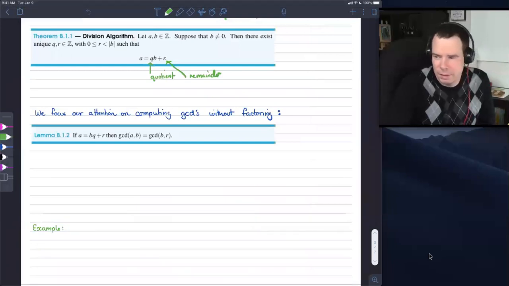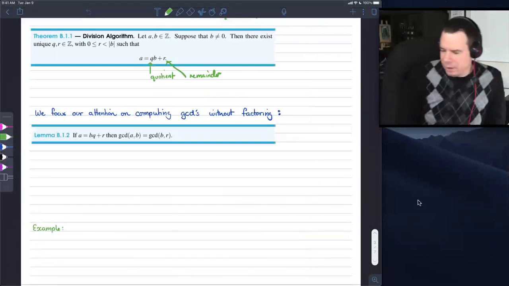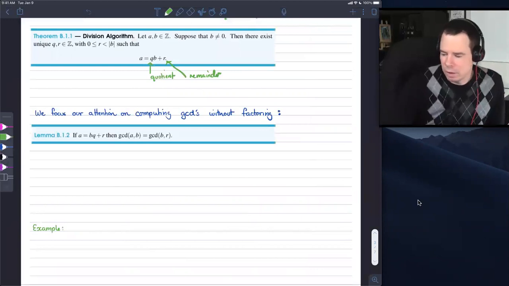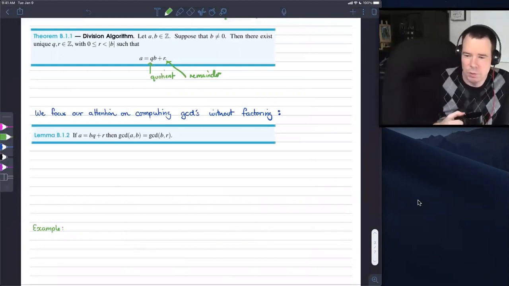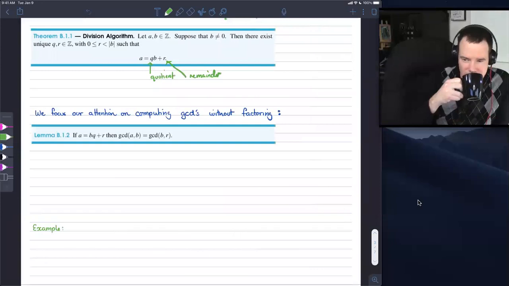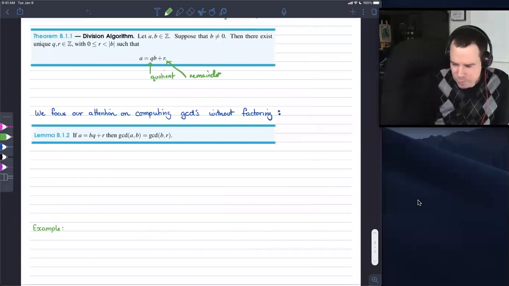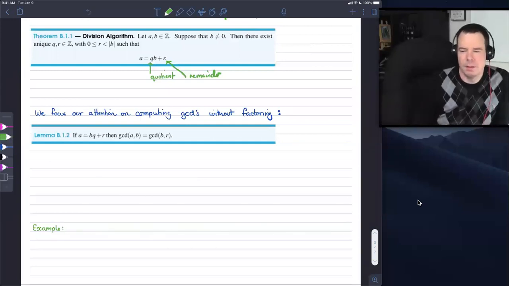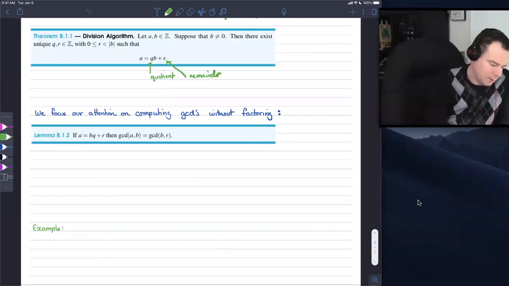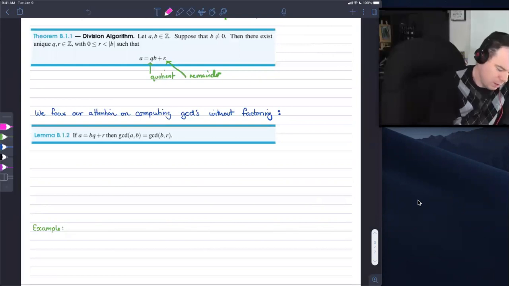All right, so let's have a look at how this division algorithm is going to be useful for us in the context of computing GCDs. Now, I mentioned last day that the idea is to try to compute GCDs, and this is a big thing, without factoring.